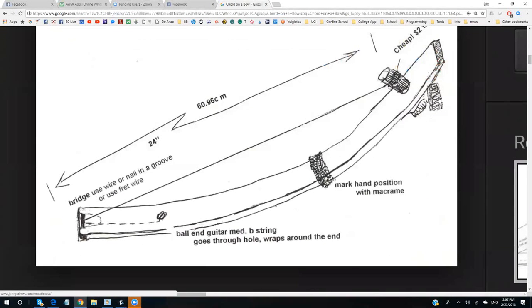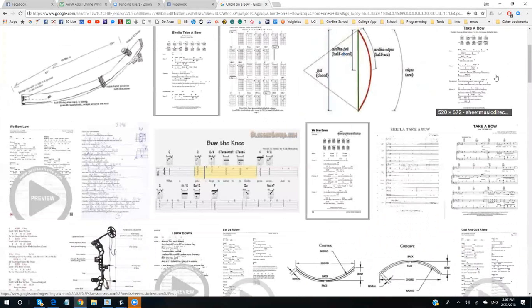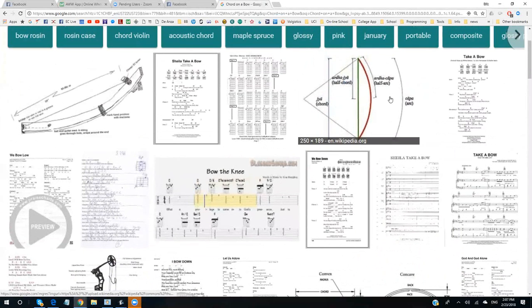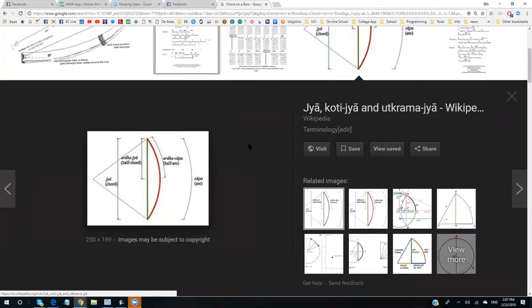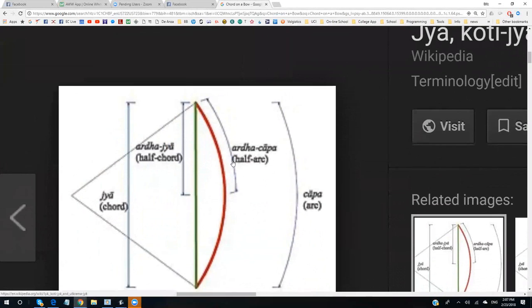Yeah, this is a chord. The length of this to this is the whole chord. This is R, that's chord.